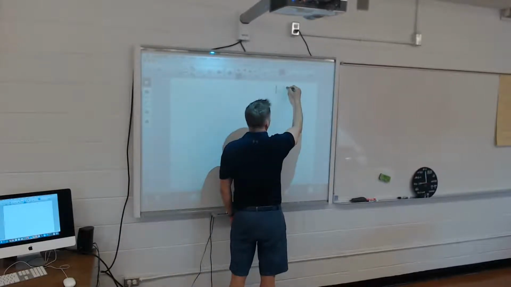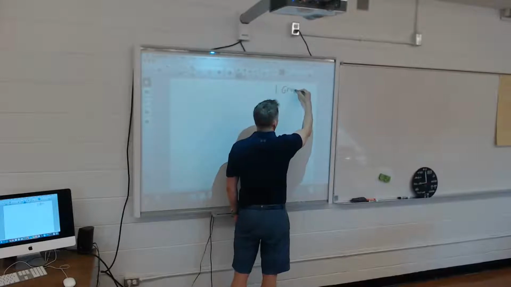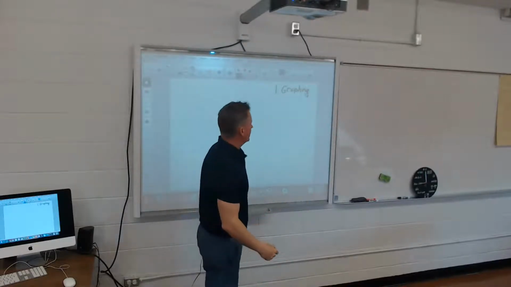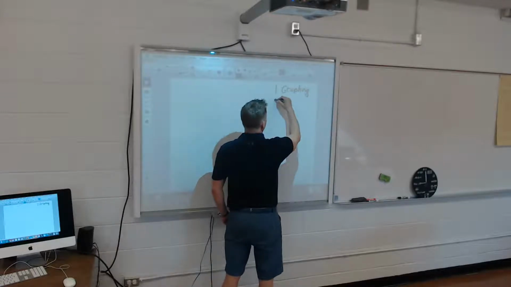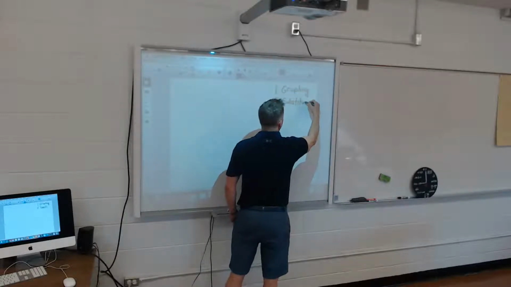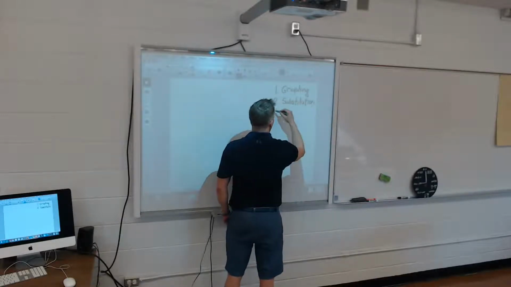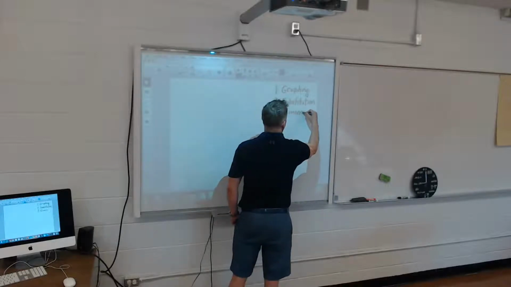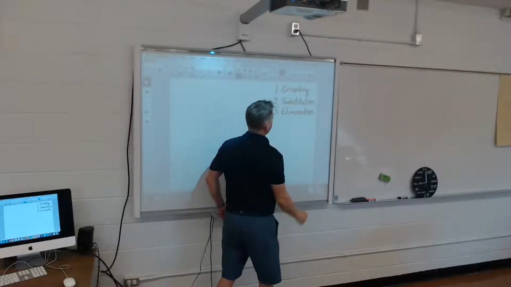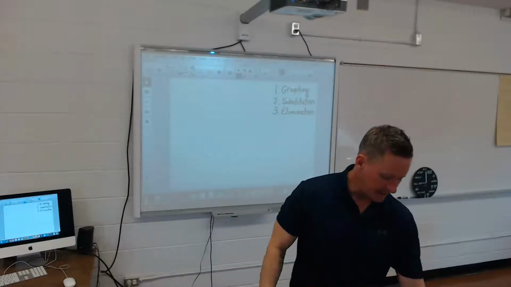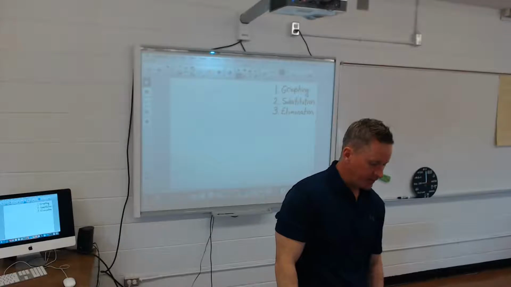So the first method was what you were using yesterday, which is graphing, and that's to solve systems of linear equations, or systems of equations. 2 is substitution. And 3 is elimination.